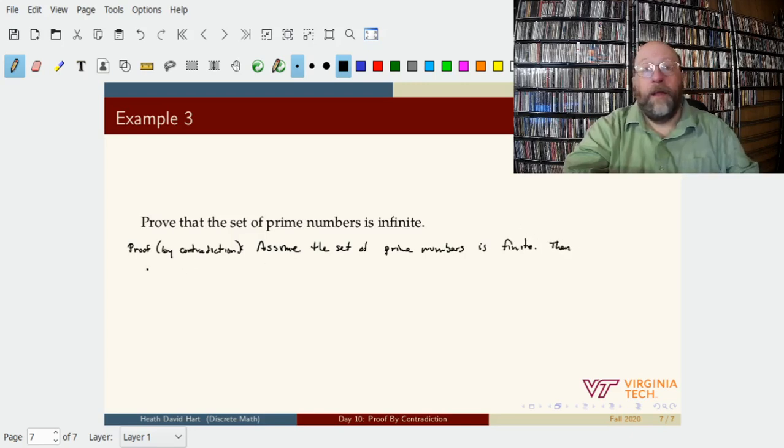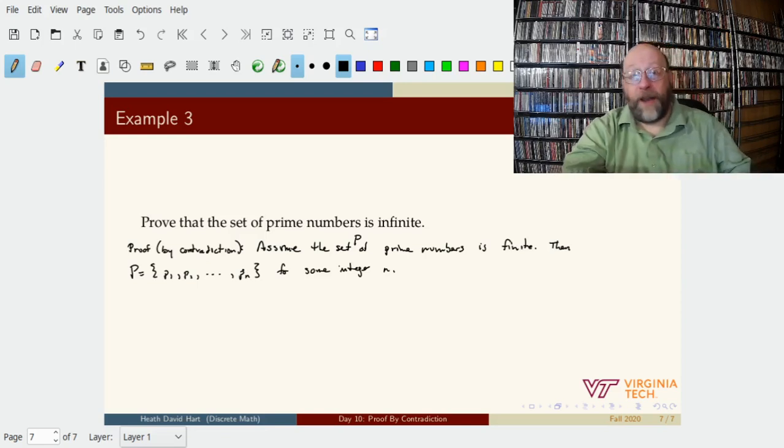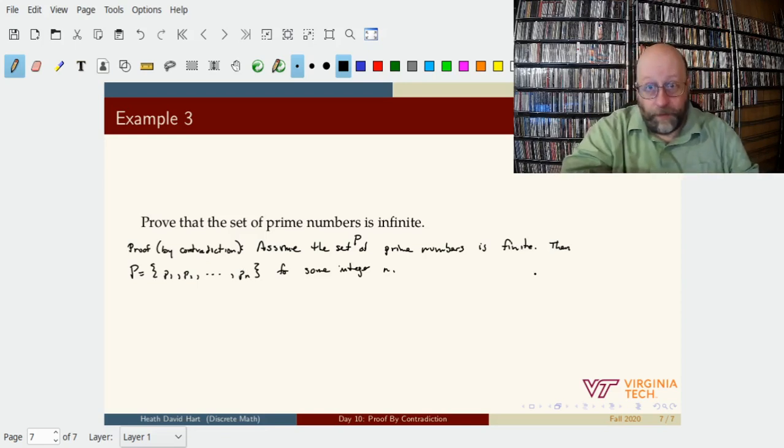Then the set, let's call it capital P, the set P of prime numbers, then P is equal to {P1, P2, up through Pn} for some integer n. There are only n primes. n may be a very large number, but it's a finite number. Okay?